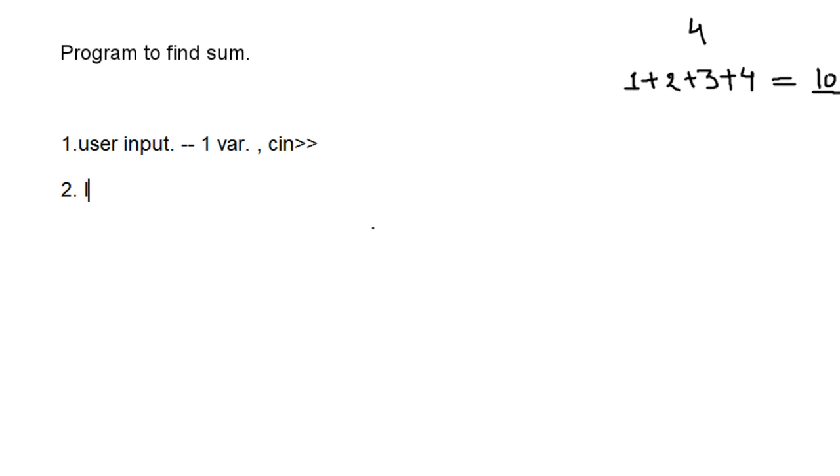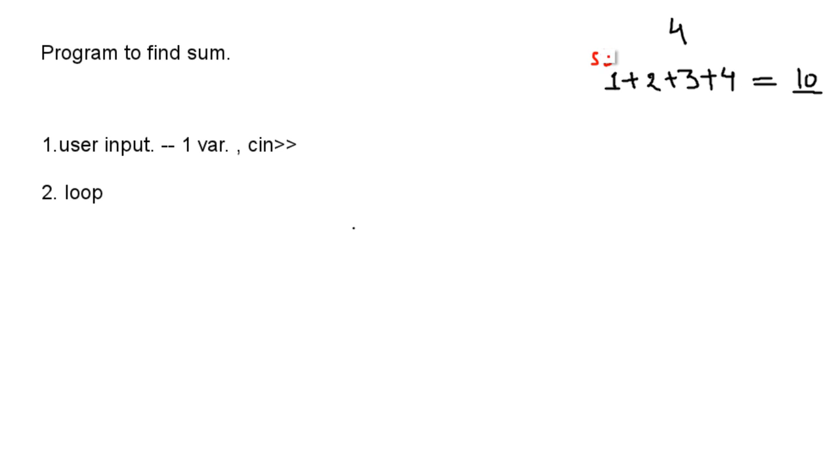Second step, I require a loop. And why do I require a loop? If you see on the right side where we have that series, I have some start here. This is my start. I have some ending here, the end point.